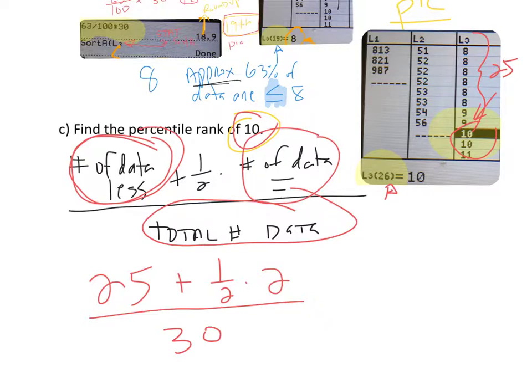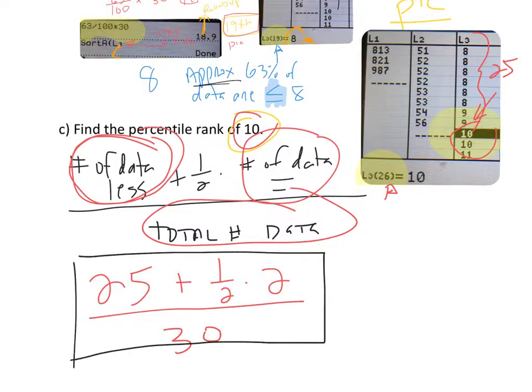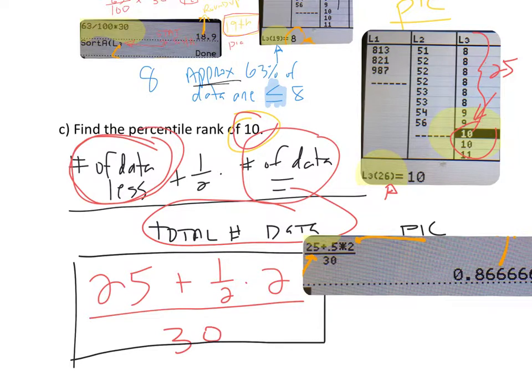So here to calculate the percentile rank of 10, you're going to do on your calculator 25 plus 1/2 times 2, over 30. Please include a picture of this work on your calculator. And here you should have gotten 0.8666. We convert that to a quote-unquote normal percentage, 86.67%, but remember, you always have to round up.